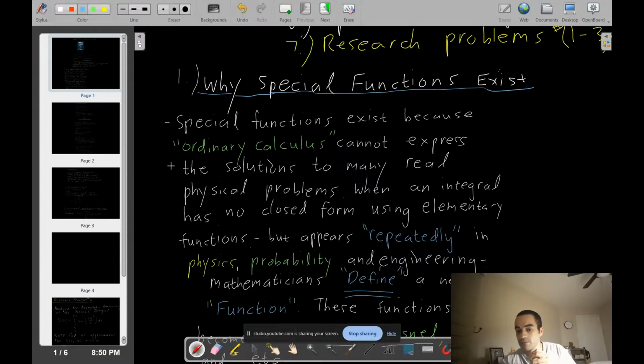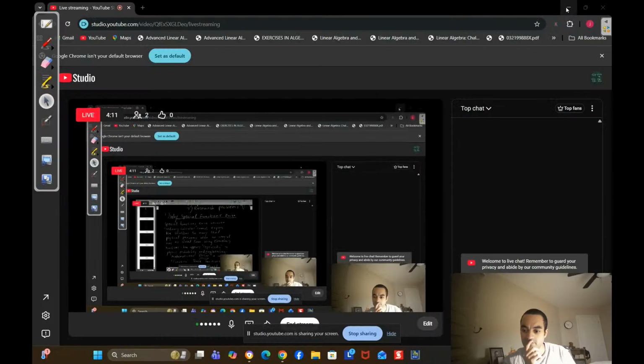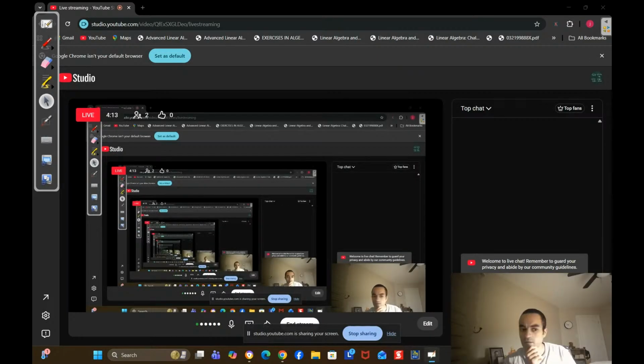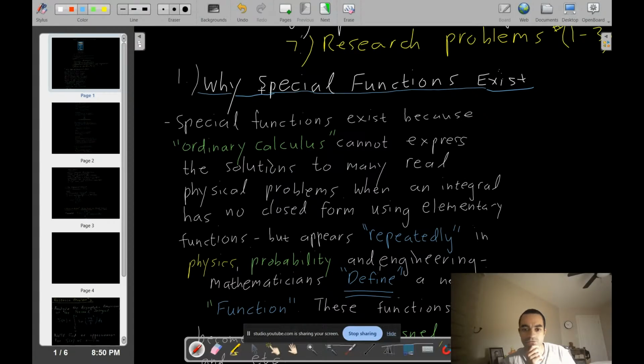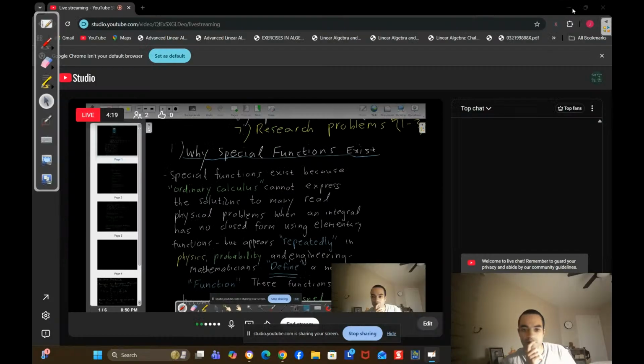What do I mean by that? Physical problems. Anyone have any idea, in terms of physics or anything like that, how integration is tied into that? Anyone at all? If not, I'll get right into it.